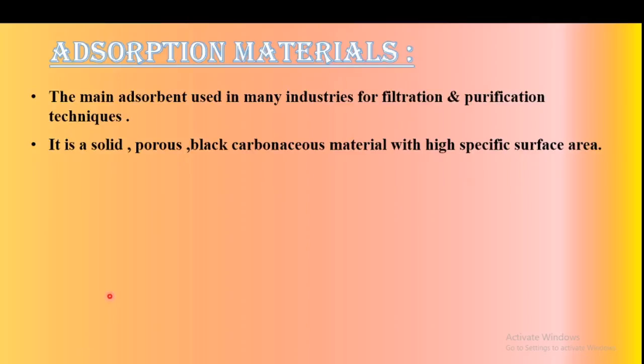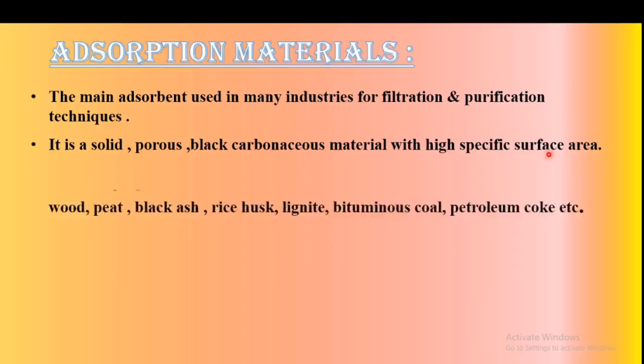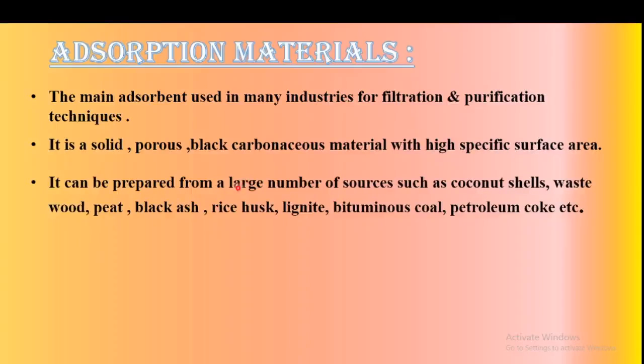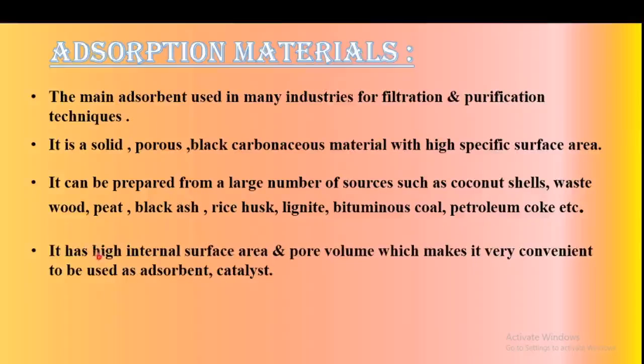It can be prepared from a large number of sources such as coconut shells, waste wood, peat, black ash, rice husk, lignite, bituminous coal, petroleum coke, etc. It has a high internal surface area and also high pore volume.